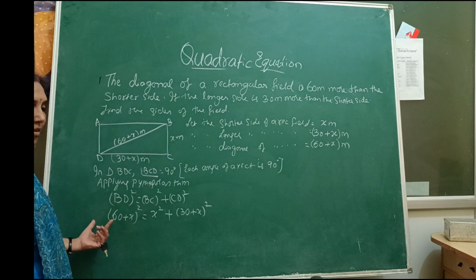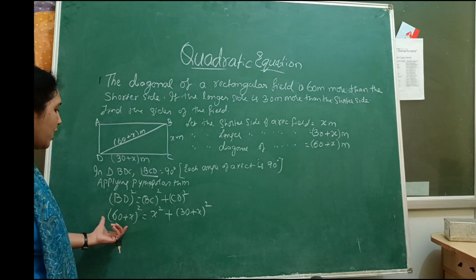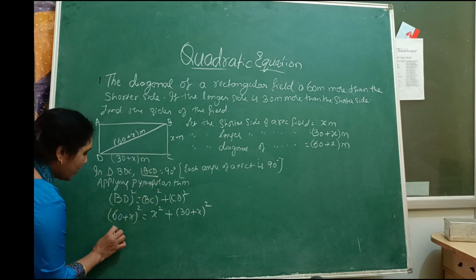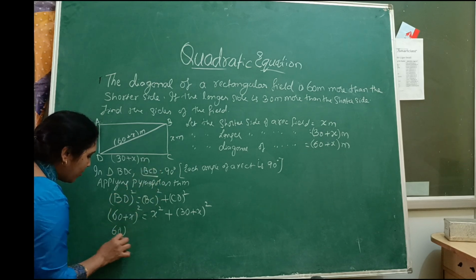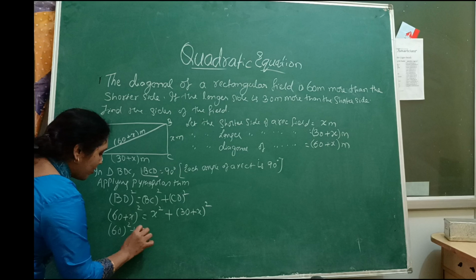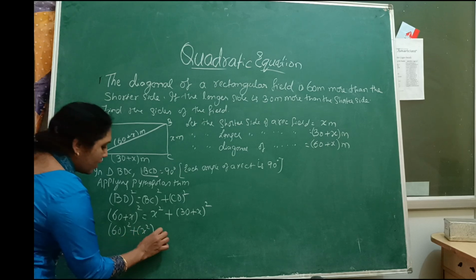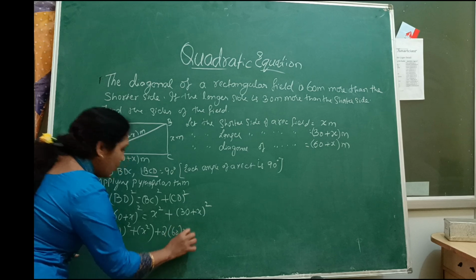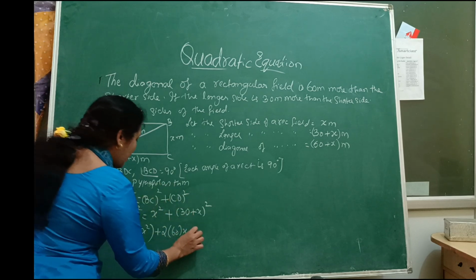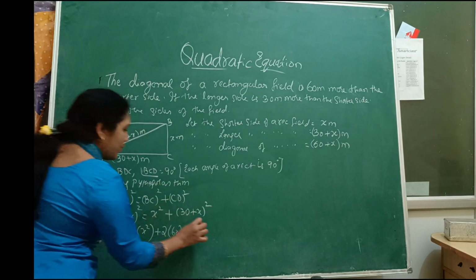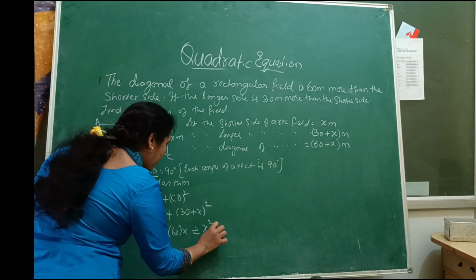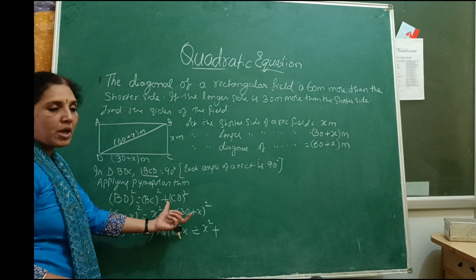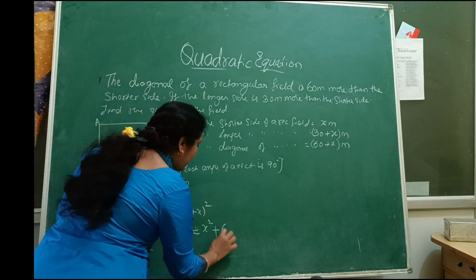Since this is of the form a plus b whole square, let me expand it using the formula. a square, that is 60 square, plus b square, x square, plus 2 into 60 into x, is equal to x square plus 30 plus x, which is also of the form a plus b whole square.